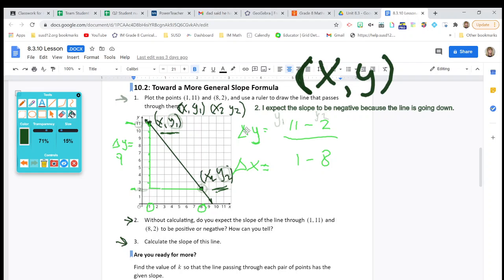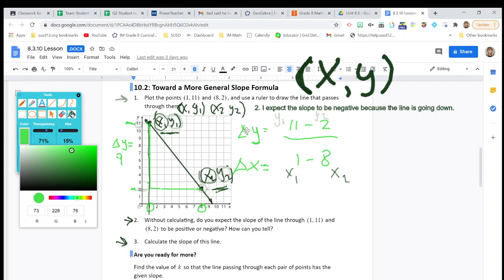And then this is x1. See? x1 equals 1. And this is x2. Now I got it. And you can see that right here. x2 equals 8.